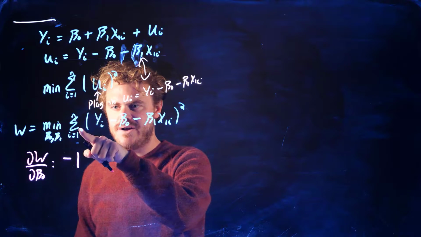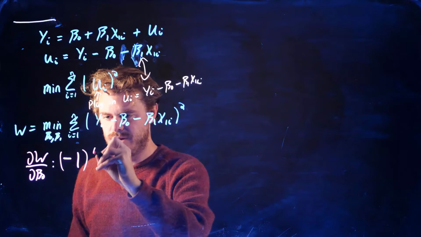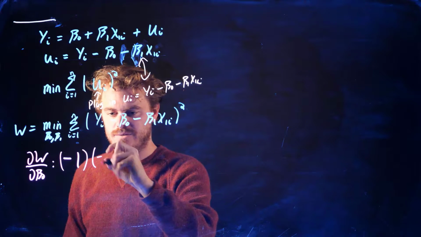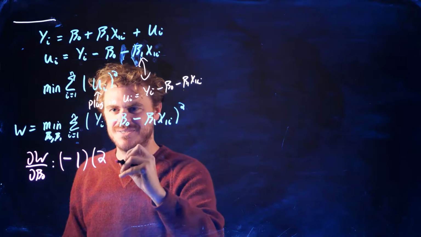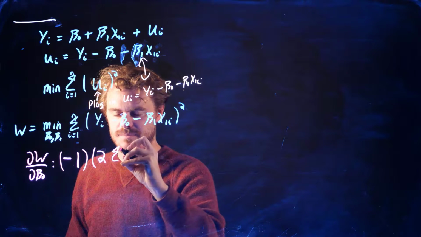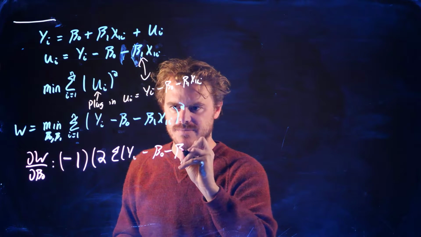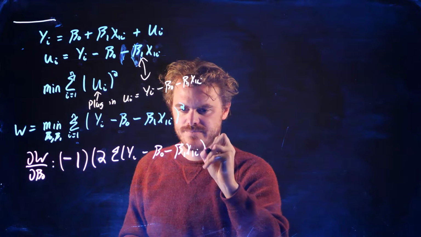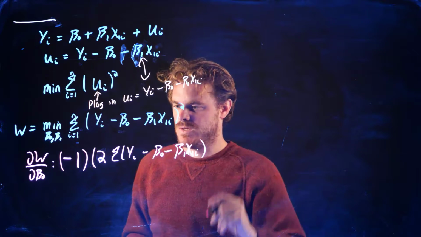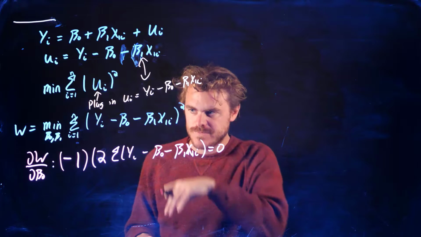Well, the 2 comes down and we have everything still. So minus 1 times 2 times the sum of yi minus beta 0 minus beta 1 x1i. And we know that equals 0 at its minimum.